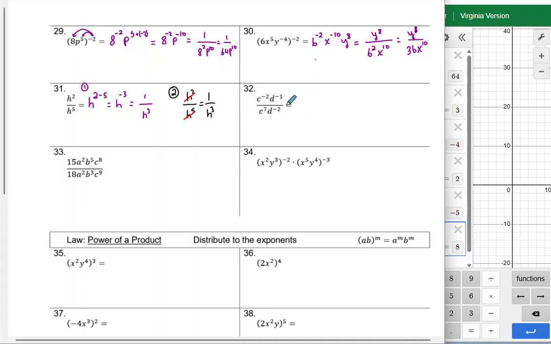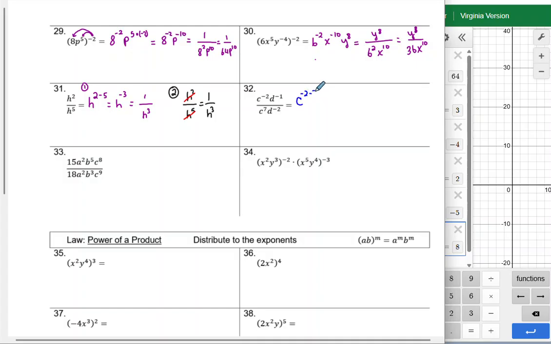All right, this one, let's go ahead and do the same thing. Let's do the quotient rule first, where you subtract the exponents and see what we get. So for this one, I'm going to do C: -2 minus 7.